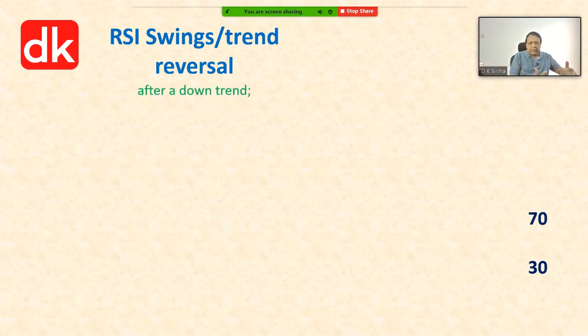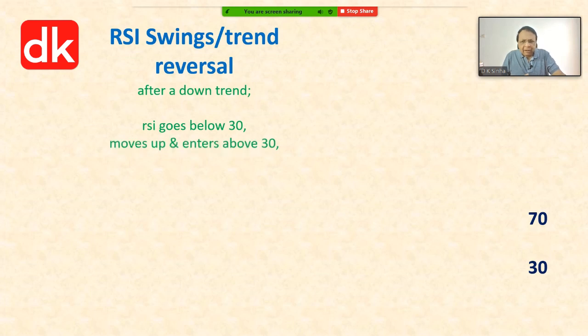After a downtrending move in the market, what happens? RSI goes below 30. Please mark my word. RSI goes below 30. Till such point, everything is normal. Why is it normal? Because the downside momentum is higher, as the market is in a downtrending mode, in a markdown phase. But when RSI pulls back or moves up, it enters above 30.